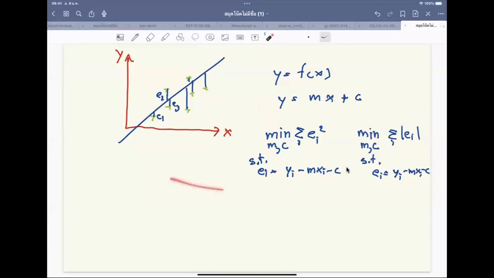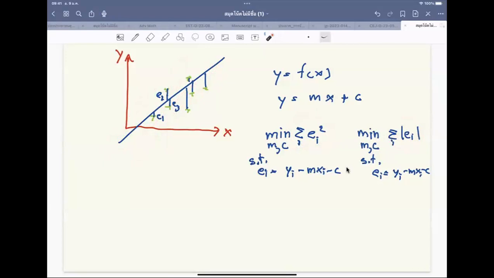how this thing related to minimax? Remember that at the first place, we are discussing about minimax optimization, right? But here, until this point, up to now, we haven't touched any minimax yet. But I'm going to tell you the minimax optimization now. Okay, so from here, you see that we adjust M and C, we adjust the slope, right? The slope and also the intercept in order to obtain the smallest sum square or smallest absolute error.